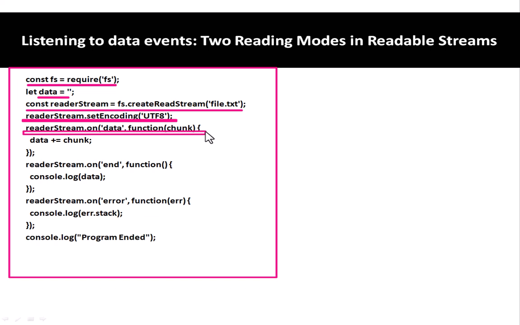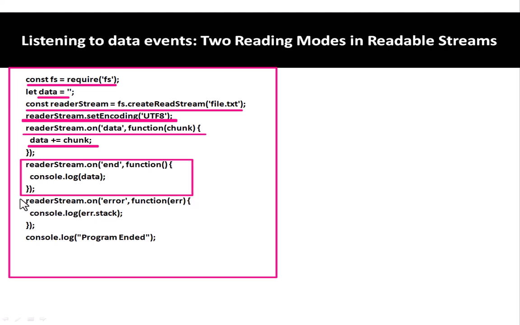Now it will be appending the data with the chunk, and we are going to have a function called end. And here, another function, stream on, we are having an error. Here we are using multiple reading modes in the program. So finally it is going to display a message, file has ended.